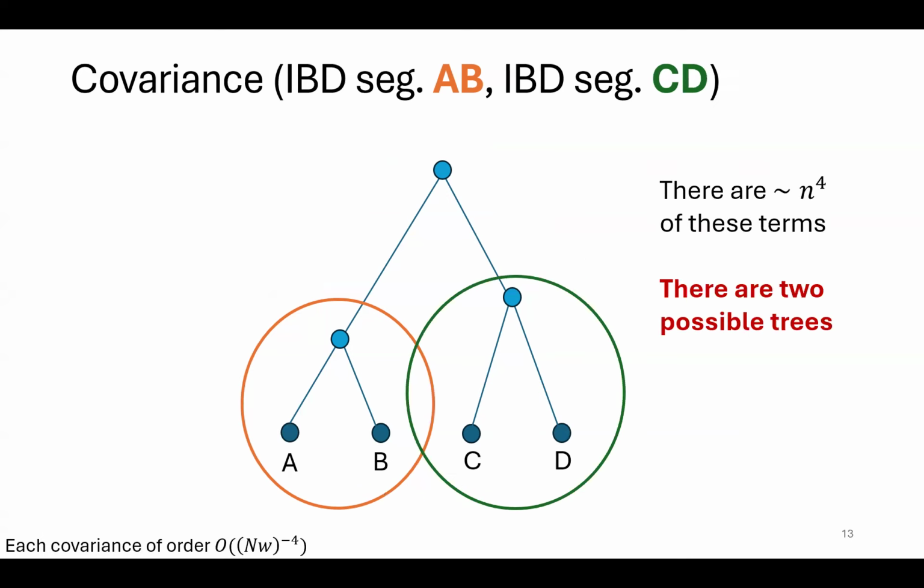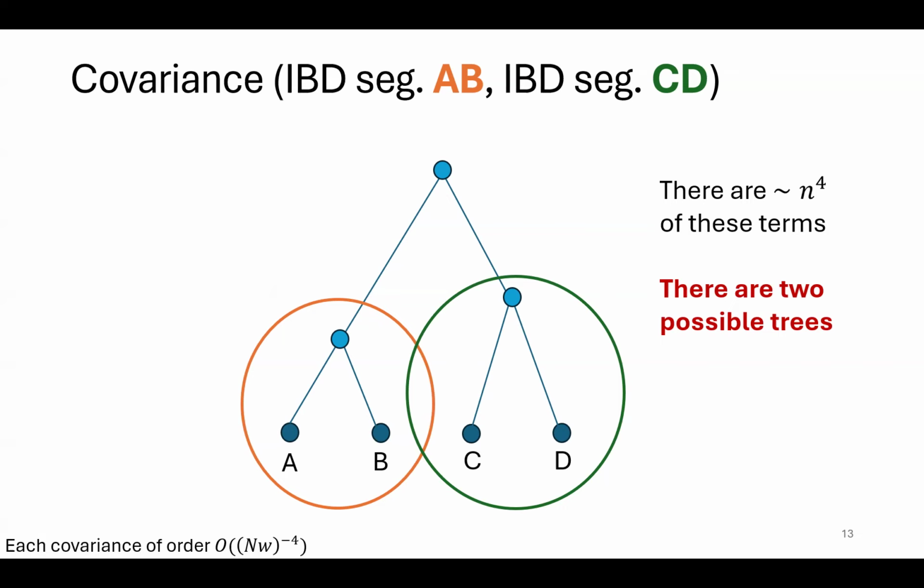Our final type is the covariance of the IBD segments AB and CD. There are going to be approximately n to the 4 of these terms. And there are here, in fact, 2 possible tree configurations. I'm showing you one of them. In practice, to compute this covariance, you'll need to integrate over the 2 possible coalescent tree types.